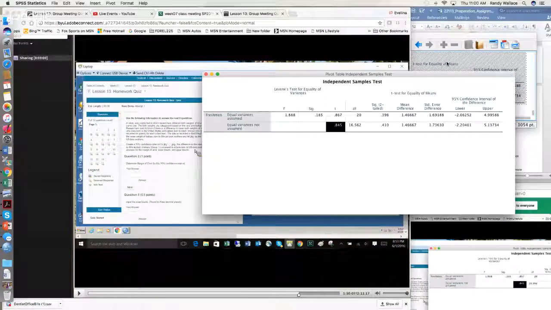Independent samples and select the desired test variable. Another is our grouping groups. Well, it looks like they use a different one.